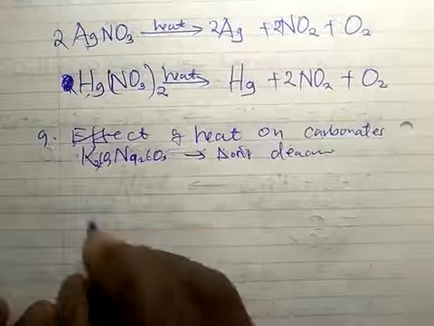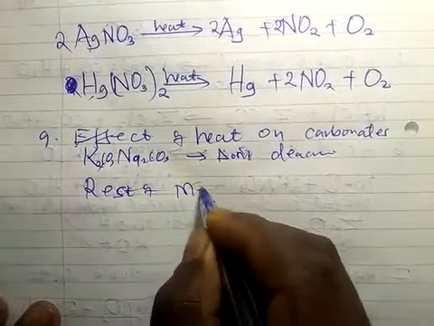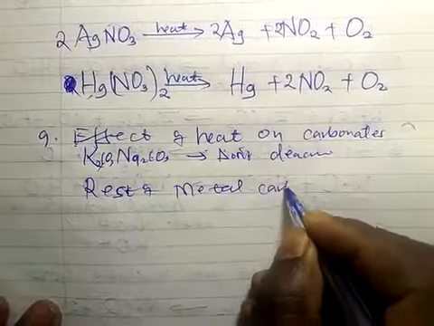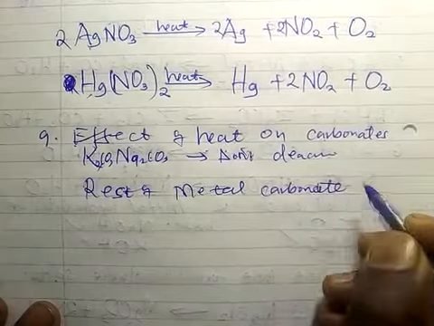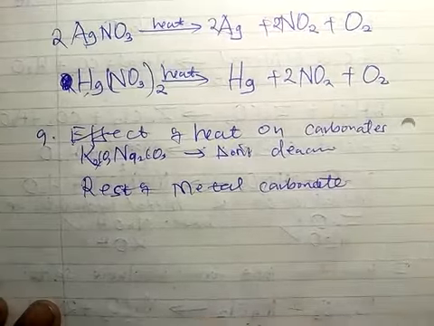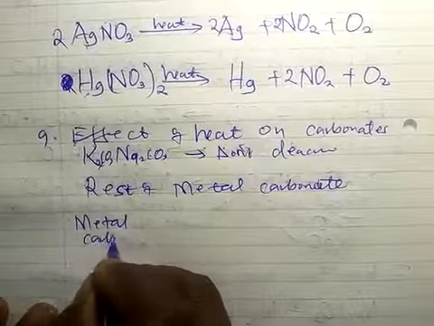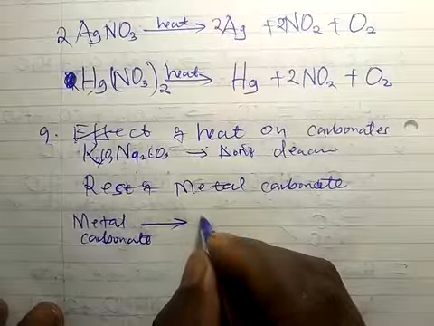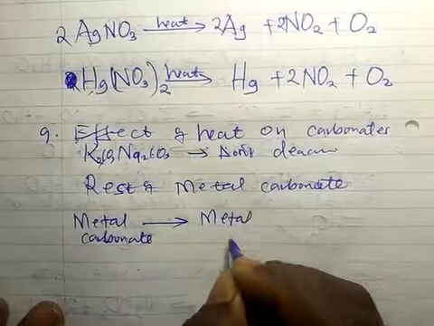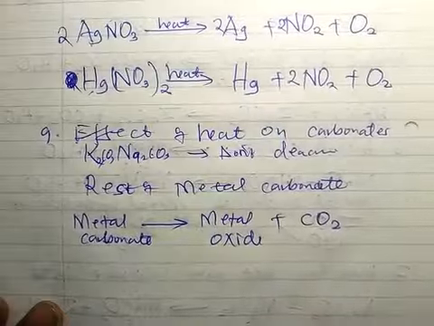But the rest of the metal carbonates decompose when heated. So let me generally write that for a metal carbonate. When you heat a metal carbonate, it decomposes to give you the metal oxide plus carbon 4 oxide, as simple as that.